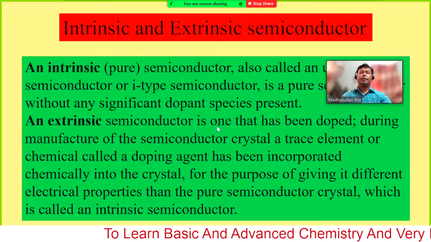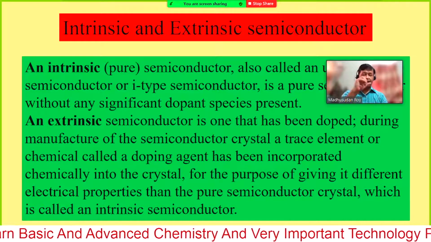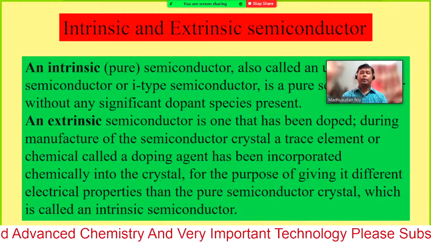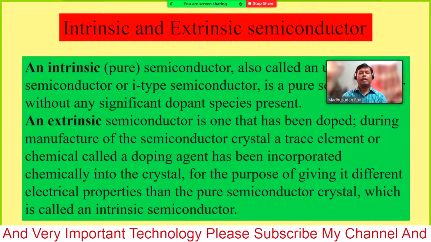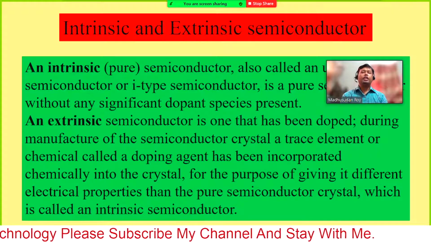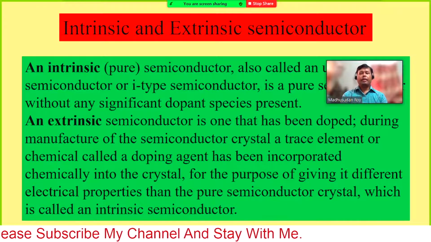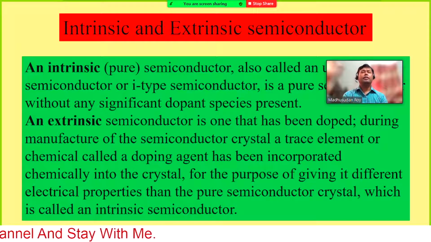An extrinsic semiconductor is one that has been doped, that is, some material was already added during manufacture of the semiconductor crystal. A trace element or chemical called a doping agent has been incorporated chemically into the crystal. So in different ways you can add other elements inside your pure semiconductor.